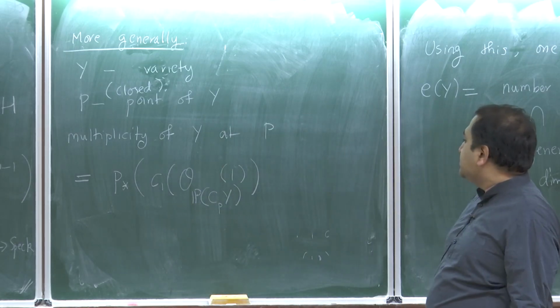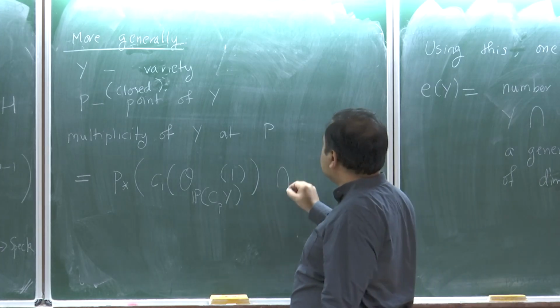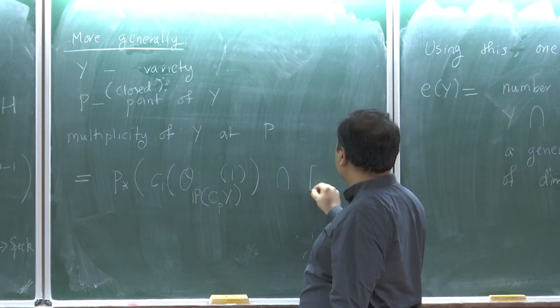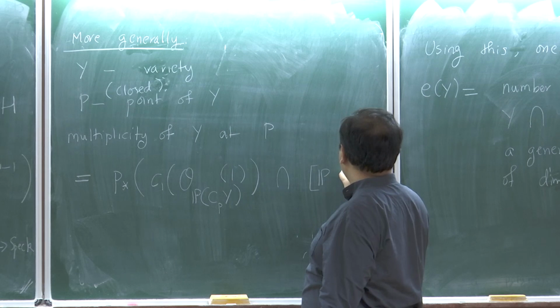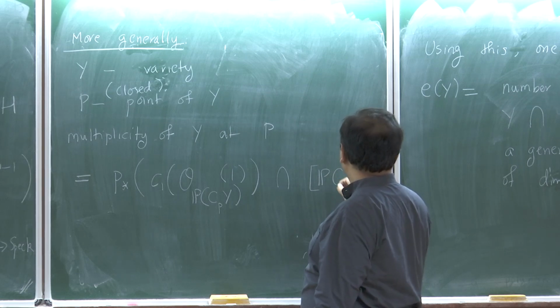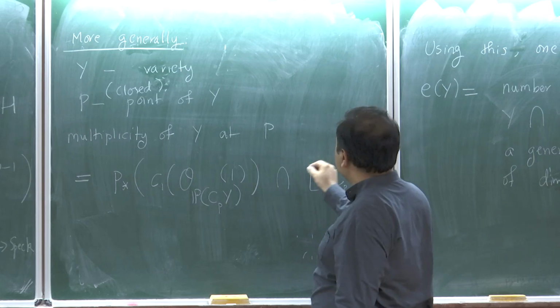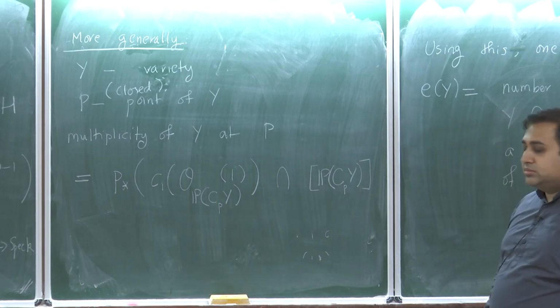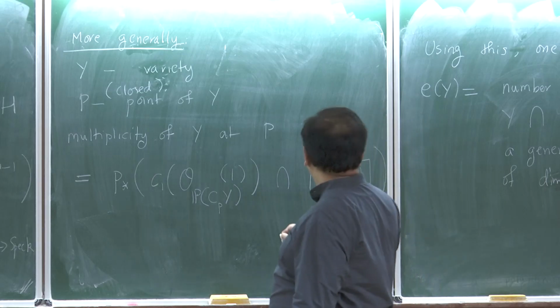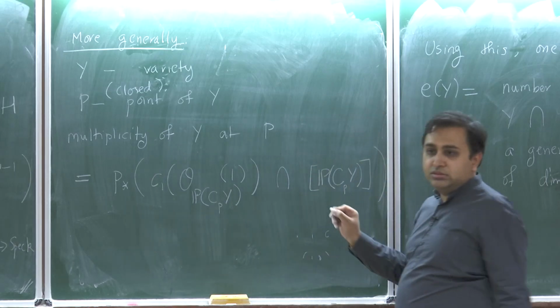And then how many times do I need to take the intersection? I'm going to intersect P C_P Y, so whatever is the dimension of this.